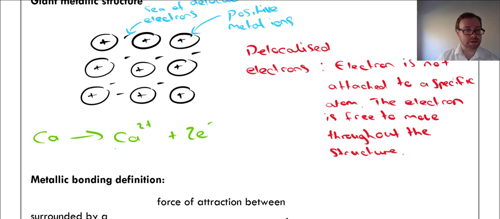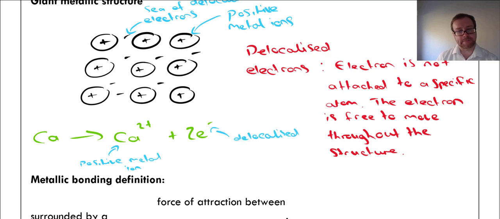So that means that this is my positive metal ion, and these are my delocalized electrons. Now this is a bit simplified, but it's just to get the idea of this type of structure. So you may have to be able to draw this, and you must label it.